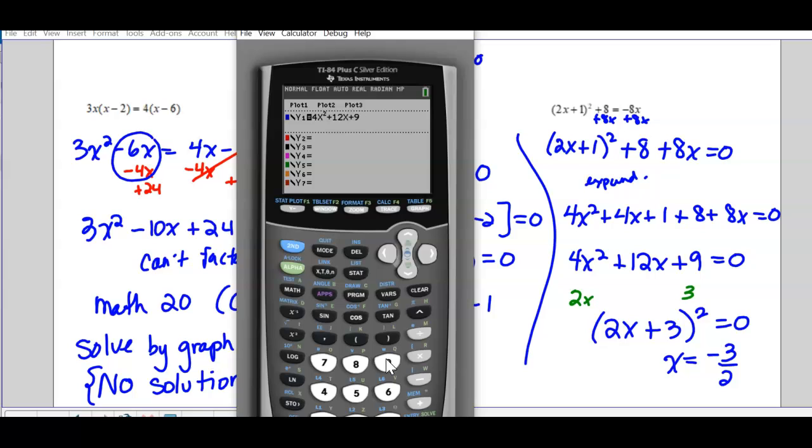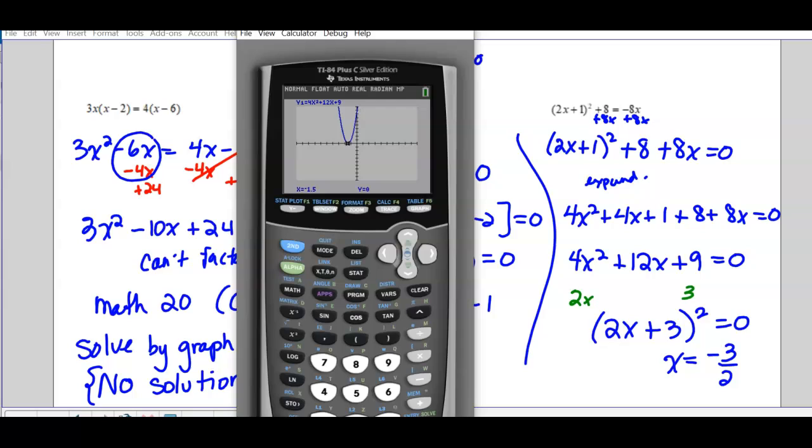So the fast way to do that is Zoom, ZStandard, number 6. When we press enter, it's going to graph it right away. And you can tell it just touches the x-axis once at -3/2. If I trace on that and enter -3 divided by 2, the y value is 0.